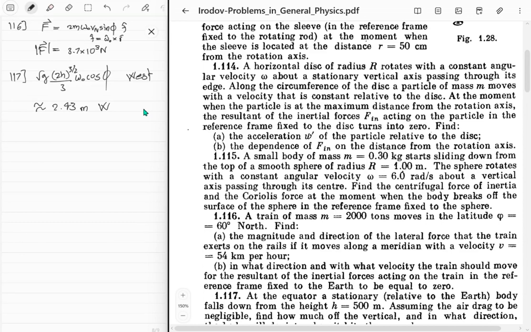Equal to 45 km per hour. In what direction and what velocity should the train move for the resultant of the inertial forces acting on the train in the reference frame fixed to Earth to be equal to 0? Okay, this is just really bad. I think the vector cross product definition of this thing might be better. Or should we just go with the normal thing? No. Let's go with the vector definition.